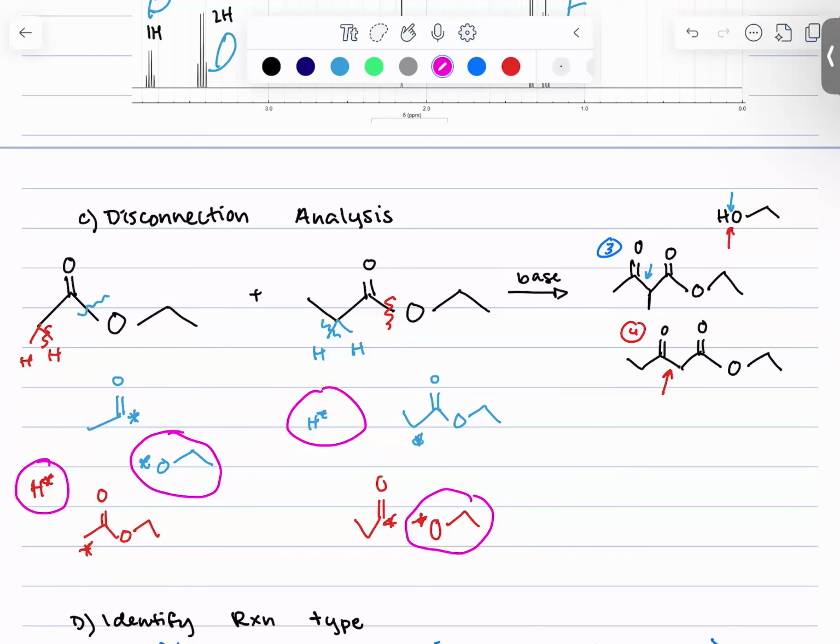So that's why when we draw out the products, we have 3 products. No matter which way you do it, you're gonna end up with this ethanol. But depending on who you deprotonate, you will end up with one of 2 products.